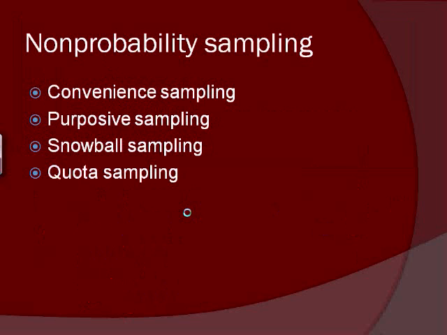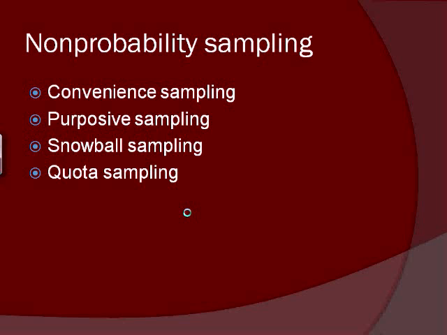So we will begin with non-probability sampling methods. These methods do not involve the rules of probability, and the researcher does not need the sample to be highly representative of the population with mathematical accuracy.